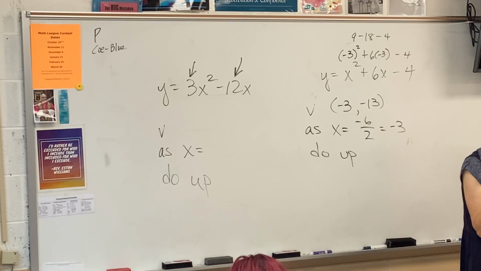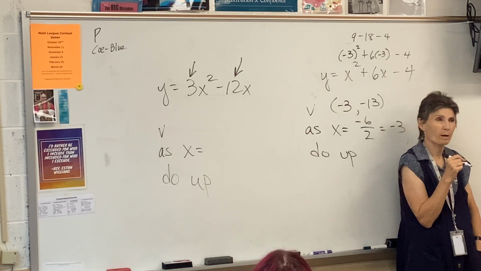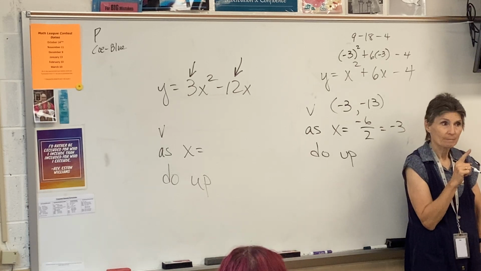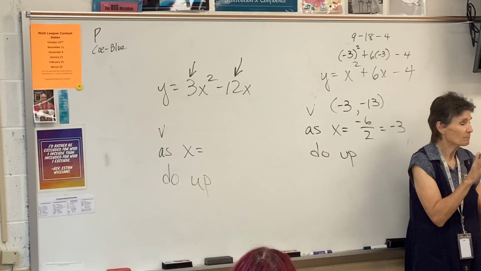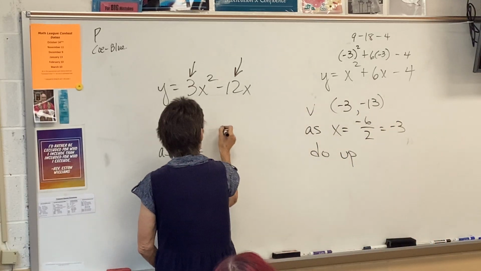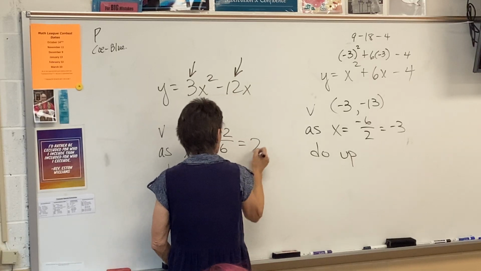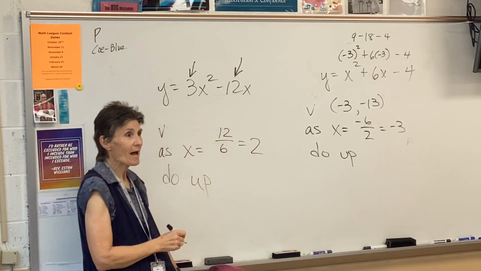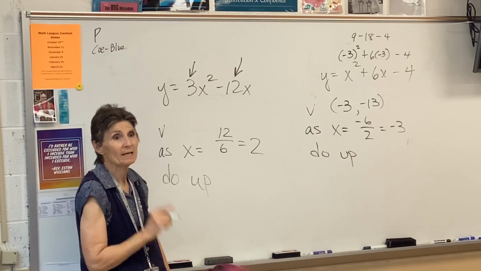We don't really care about that because we don't need it for axis of symmetry. But the C is 0. Yesterday we had one where B was 0, which is fine. That can happen. Pay attention. All right, so x equals negative b over 2a. Is this why you kept saying 2? Yeah. Your axis of symmetry is x equals 2.